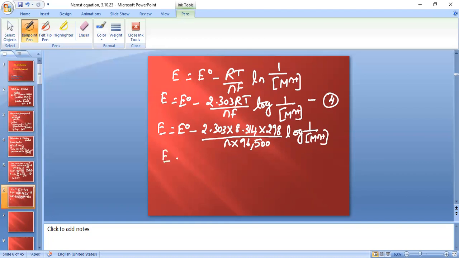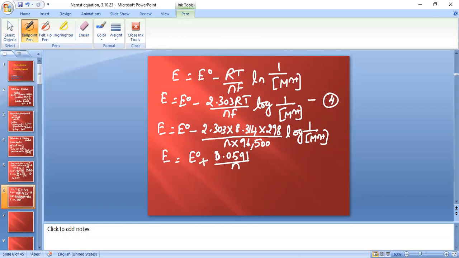Now, when you simplify, we get E naught minus 0.0591 by n log 1 by M^n+. I'm bringing this M^n+ from the denominator to the numerator so that the sign becomes plus.